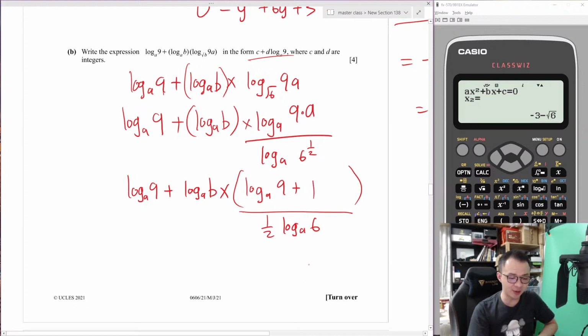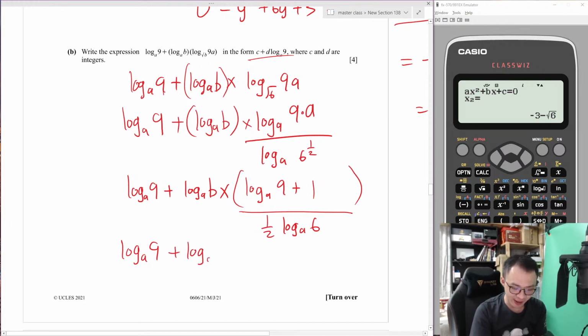Then I will just try to simplify it. Okay, it's kind of weird here. I will multiply this one into both of them, but there's no point doing that. Oh, you want to factorize out the log a 9, is it? Okay, I factorize out the log a 9. Plus log a b multiplied with log a 9 plus log a b.